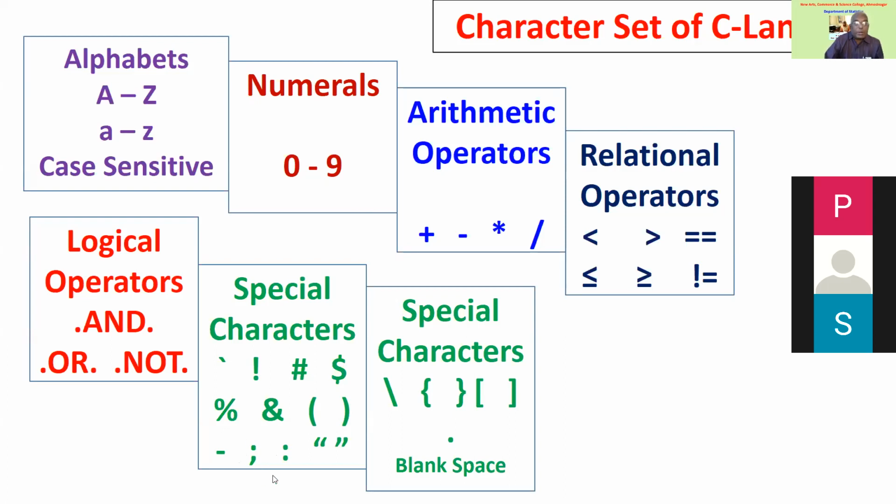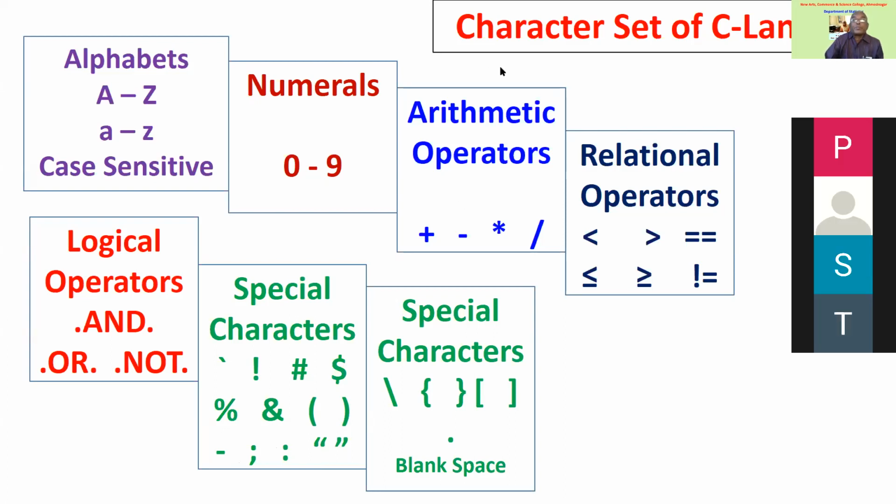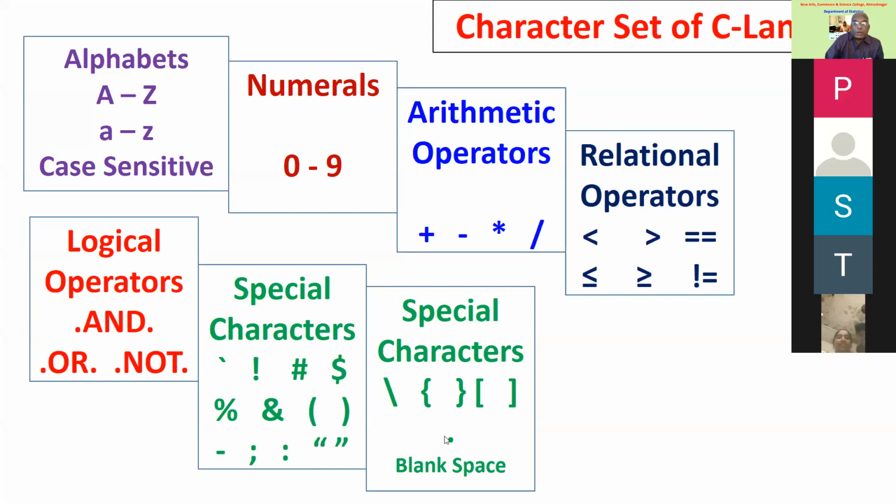Then semicolon, colon, double inverted comma, backslash, left curly bracket, right curly bracket, left square bracket, right square bracket, full stop or dot, and blank space.